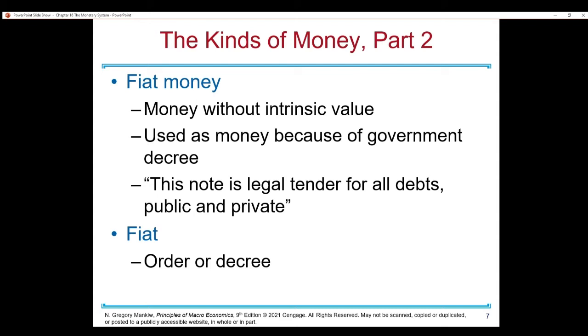Last chapter we discussed in part the money stock, or the quantity of money circulating in the economy.